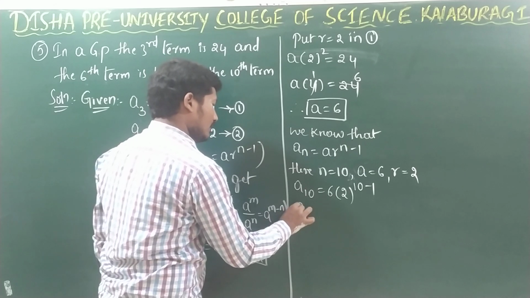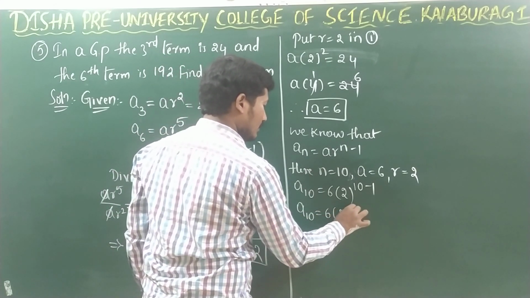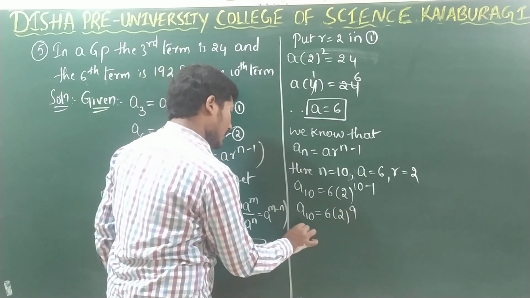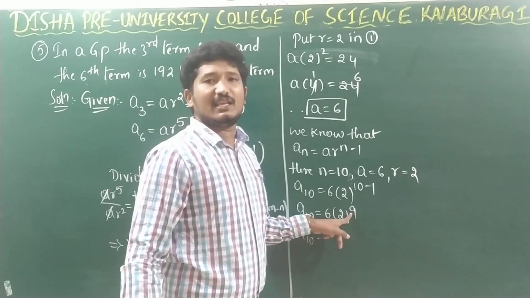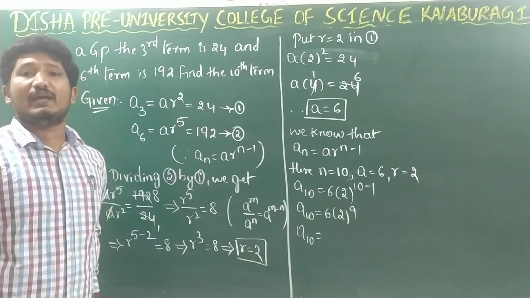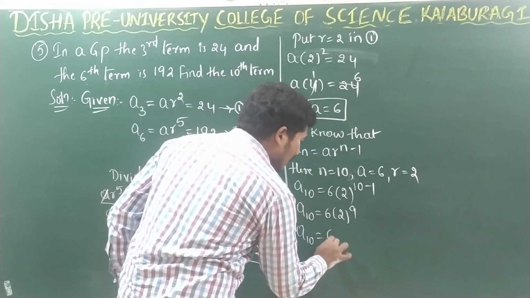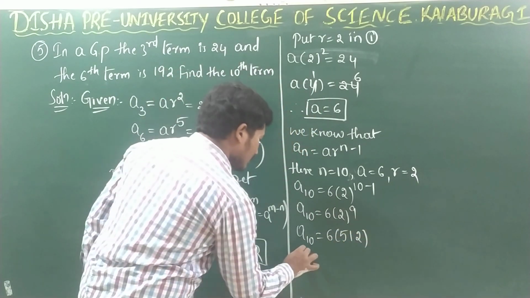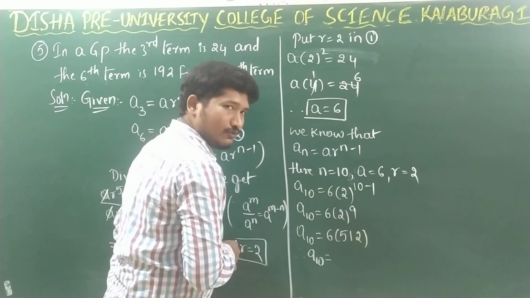So A10 is equal to 6 into 2 power 9, since 10 minus 1 is 9. 2 power 9 is nothing but multiplying 2 nine times. When you multiply 9 times, the answer will be 512. Therefore A10 is equal to 6 multiplied by 512.